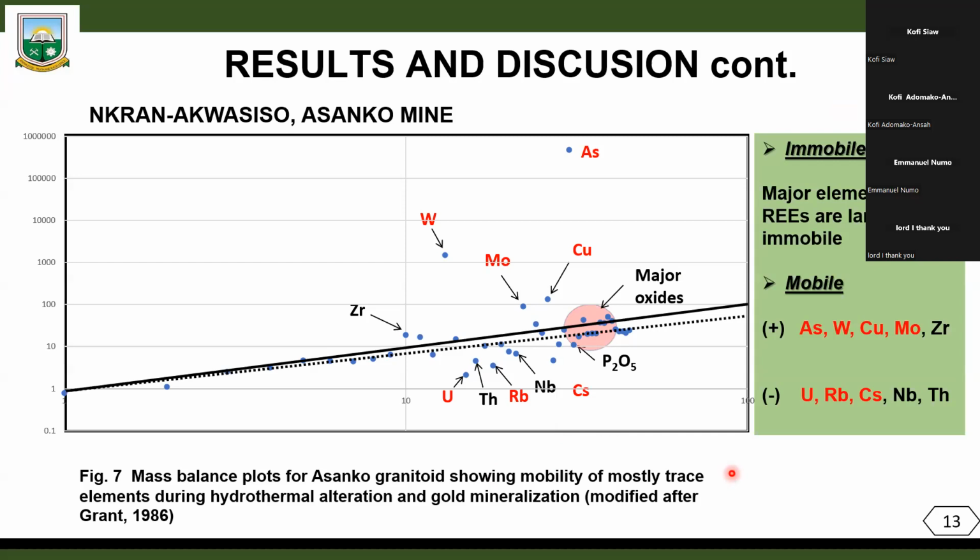And within the Asanko mine, molybdenum, tungsten, and arsenic were considered to be highly dominant metals. For many granitoid-hosted deposits, anomalous concentrations of molybdenum and tungsten, and then copper as well, are signatures of intrusion-related association.